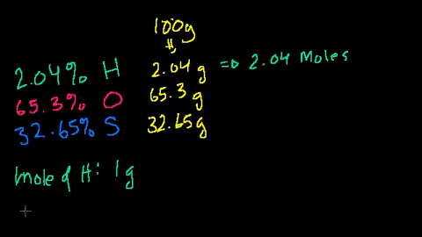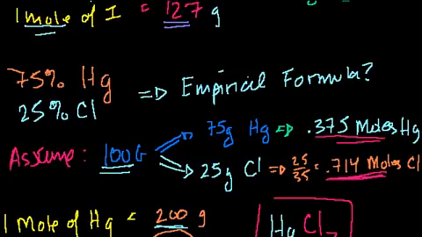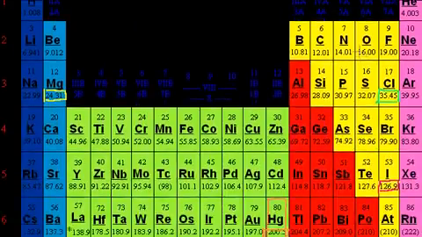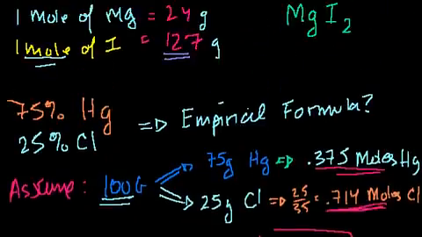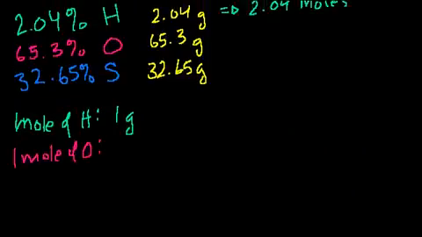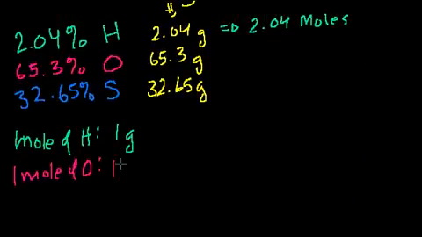And then oxygen, 1 mole of oxygen. Oxygen's mass number, in case you forgot, is 16. So 1 mole of oxygen has a mass of 16 grams. 6.02 times 10 to the 23 oxygen atoms has a mass of 16 grams. So how many moles do we have here?